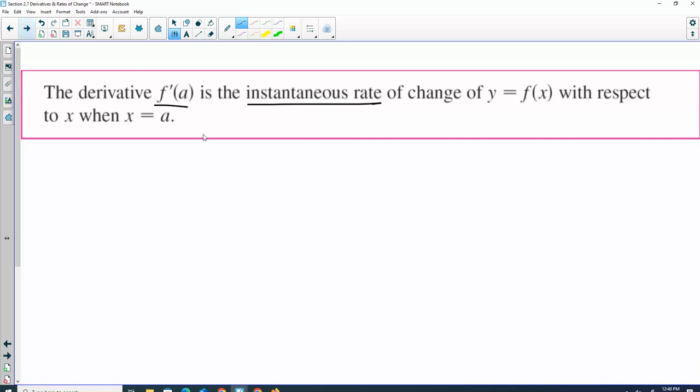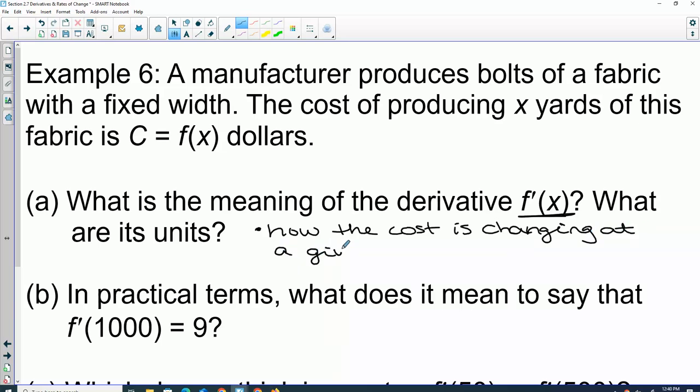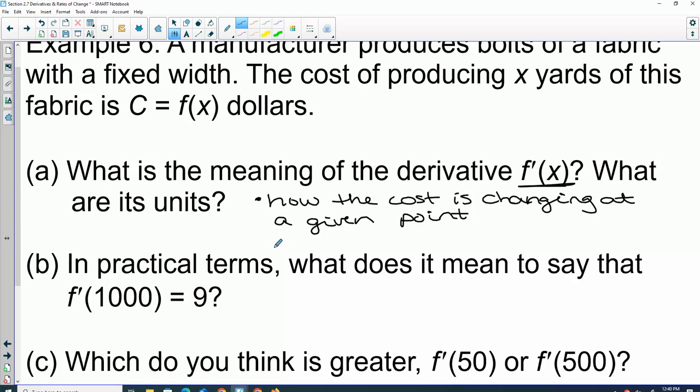So if I'm talking about my cost function, it's how the cost is changing at a given point. So derivative is a rate of change, how it's changing.